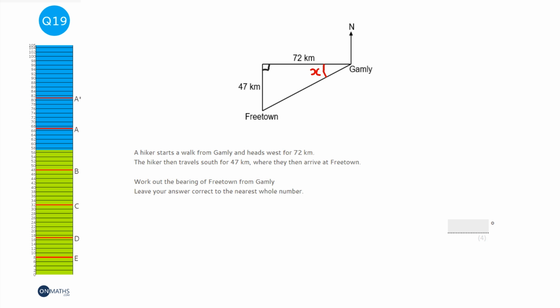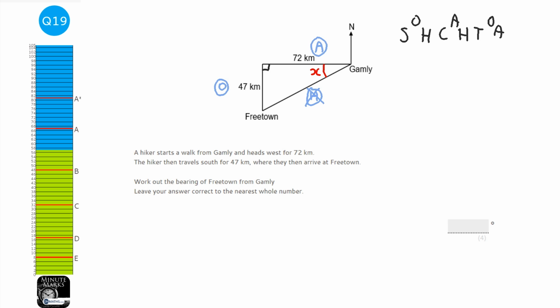Now to find x, we need trigonometry, and to do trigonometry, we need to label the sides. So we've got the opposite here, which is opposite the angle we want, the adjacent here, and the hypotenuse here. The hypotenuse is of no interest, we're not looking for it and we're not given it. So it's O and A. Writing SOHCAHTOA, we're not interested in the H, so it's not going to be SOH, and it's not going to be CAH, so it's going to be TOA.